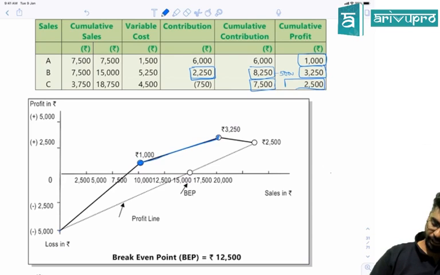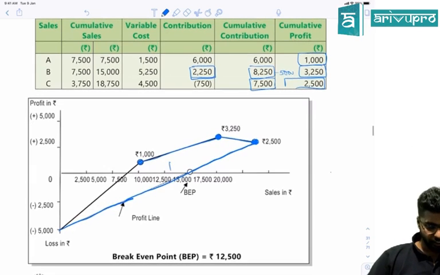Then it is dropping to 2250. Done. Then you connect this line. This becomes my profit line.